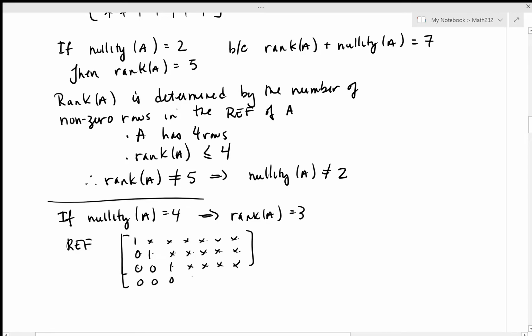What I've drawn here would be a matrix with rank 3. If it had rank 3 in its reduced row echelon form, then the nullity would be 4. So this matrix A could potentially have a 4-dimensional null space. Whether it does or not, of course, depends on what the numbers in it actually are.